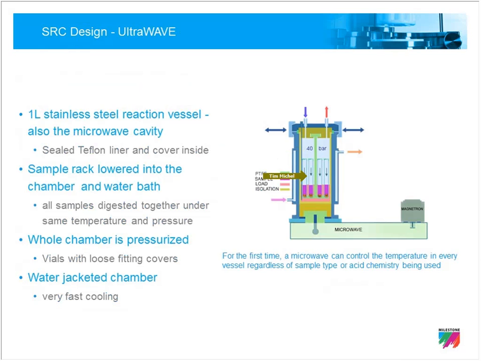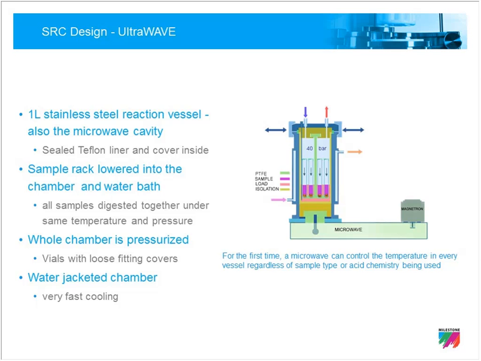One is that these vessels, when lowered inside of the chamber, are actually sitting in a bath of water. We are not measuring the temperature of any single vessel, but we're actually measuring the temperature of the water. And what this does is allow us to run completely mixed sample batches, completely mixed acid chemistries, do it safely, but also ensure that for the first time those samples, no matter what's in them, will come to the desired temperature.